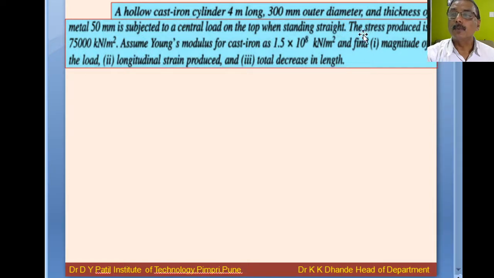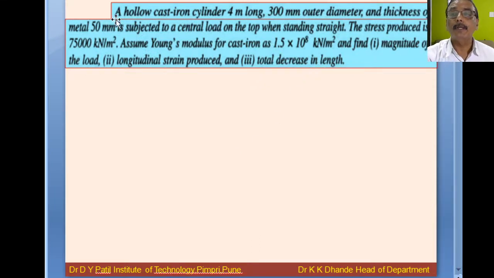The stress produced is 75,000 kilonewton per meter square. Assume Young modulus for cast iron as 1.5 into 10 raised to 8 kilonewton per meter square and find magnitude of the load. Second, longitudinal strain produced, and third, total decrease in length.